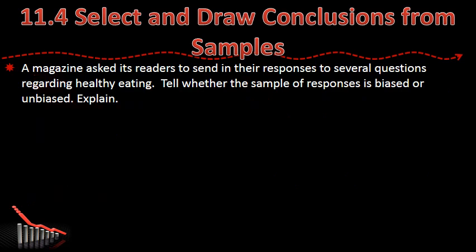So let's say a magazine asked its readers to send in their responses to several questions regarding healthy eating. Tell whether the sample of responses is biased or unbiased and explain. Well, let's see. They're just asking people to send in their responses. So the people have to actually choose to send in their response.